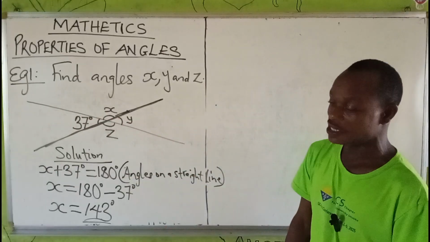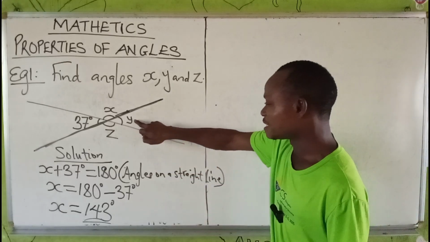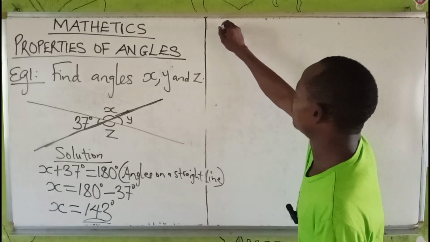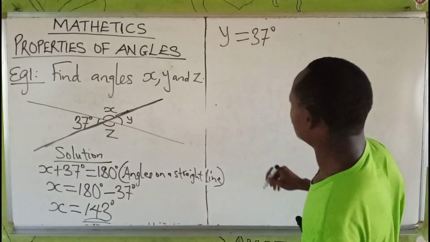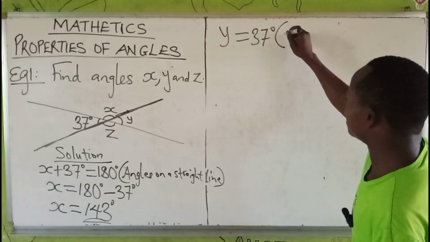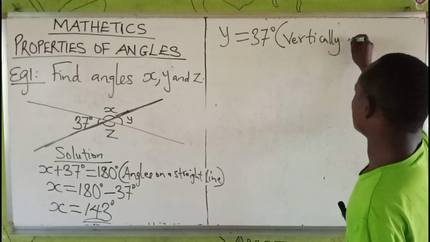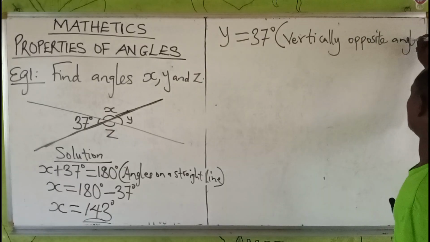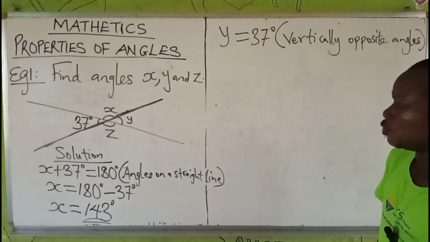So if vertically opposite angles are equal, it means that angle Y is equal to 37 degrees. We don't need to solve anything there. We just write angle Y equal to 37 degrees and state the reason in brackets: they are vertically opposite angles. So that is the answer to angle Y.